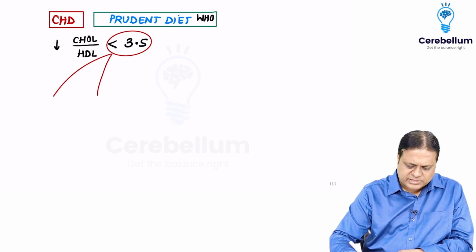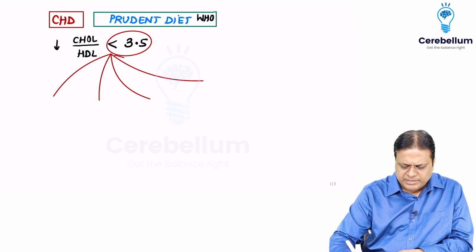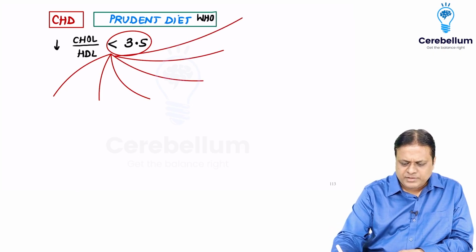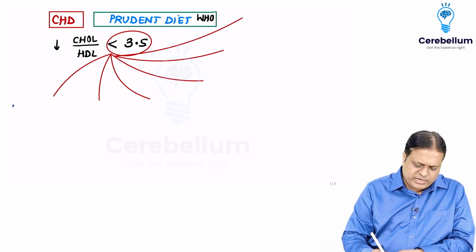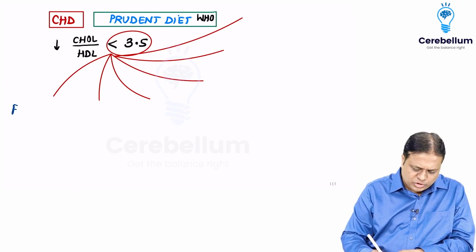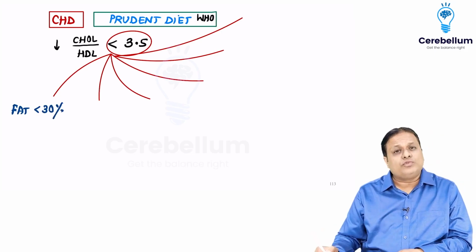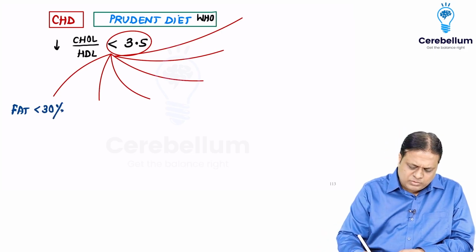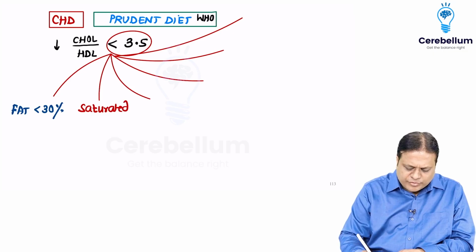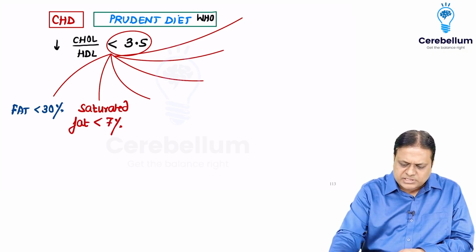What are these 6 different parameters? Let's look at them. Number 1, total fat intake should be brought below 30% of total energy intake. Number 2, total saturated fat intake must be brought below 7%.